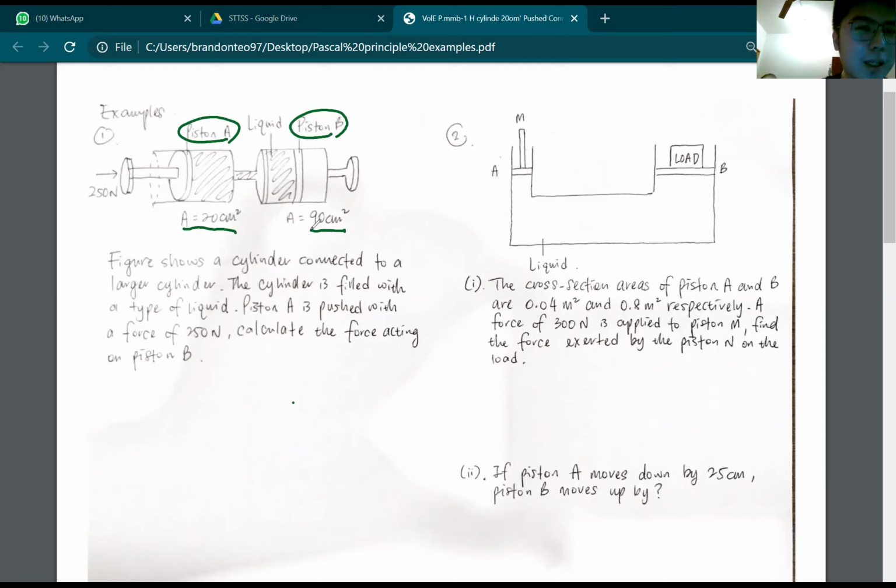It doesn't look different now, but it's actually different, because my drawing is not according to proportion. Just treat it as different. The area is different, one is bigger.